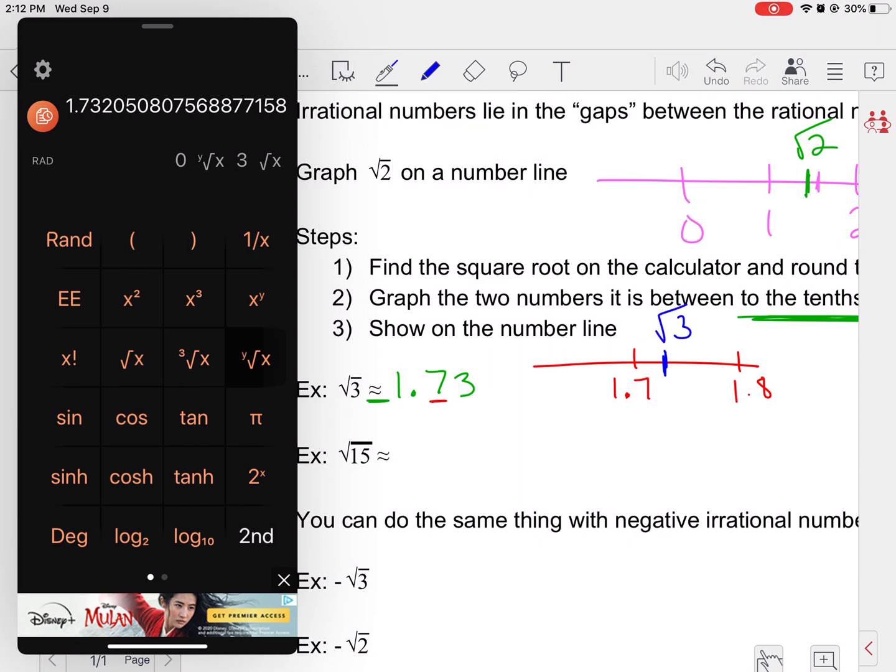All I did was look at the tenths place and go 1 lower, because for 0.73 the closest tenth would be 1.7, and then 1 higher tenth would be 1.8.